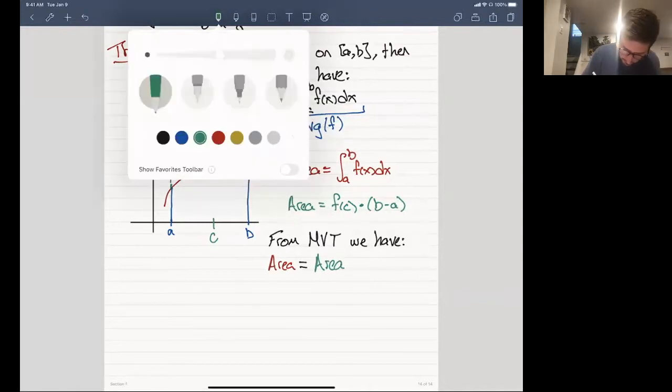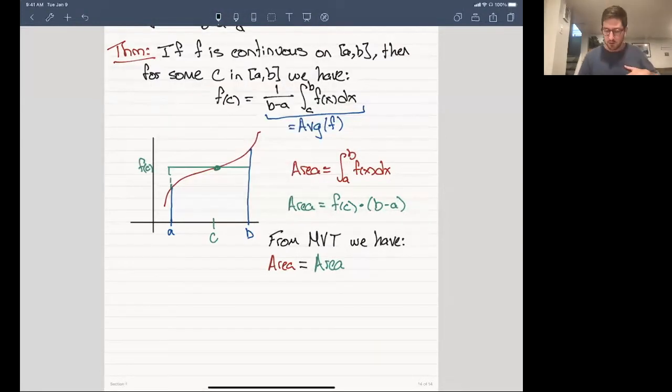The area bounded underneath that function is equal to the area bounded underneath the constant function given by the average value. This is a geometric way of thinking about it, but how do I actually prove this? So far I've given you an explanation with water in a bucket and a little picture, but none of these are enough to convince you. Let me actually do a proof.